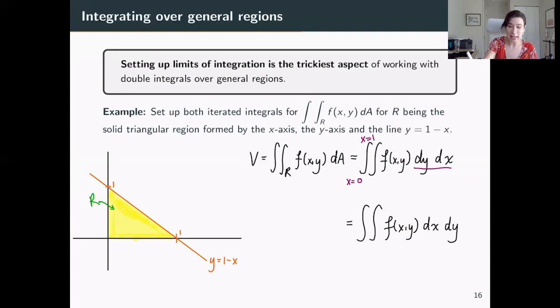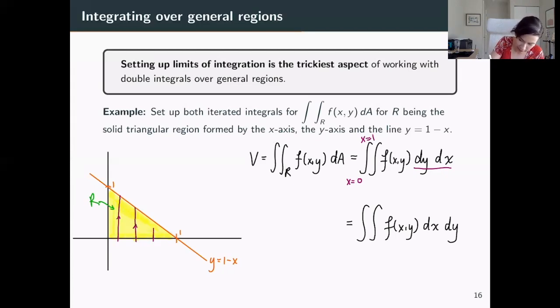And I'm taking those changes in y for all of those values of x. So I'm doing that for this value of x, this value of x, this value of x, all of them from 0 to 1. And so then, at that value of x, I need to think about, okay, well, how is my y changing now?